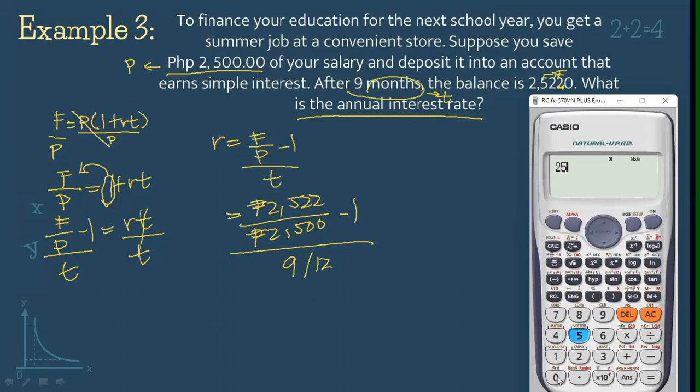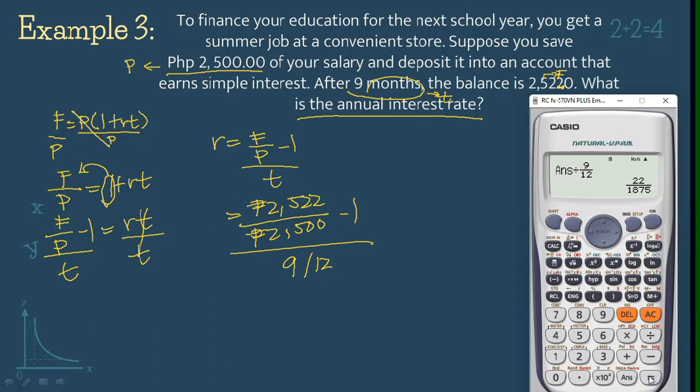We have 2,522 all over 2,500 minus 1. So that will give us 11 over 1,250 divided by, po, ano po yung time natin? 9 over 12.